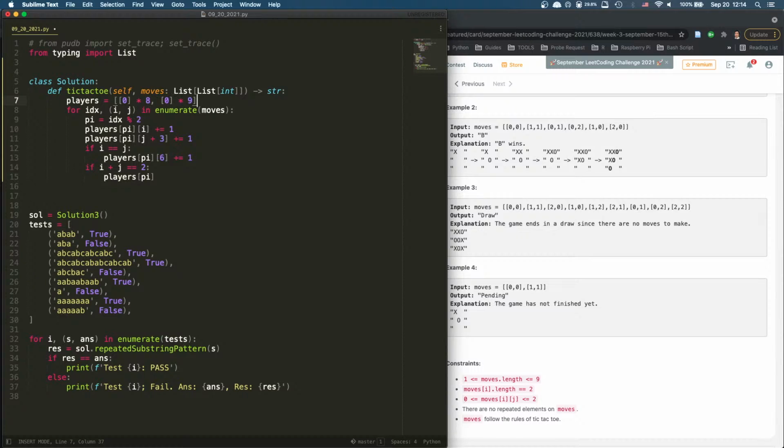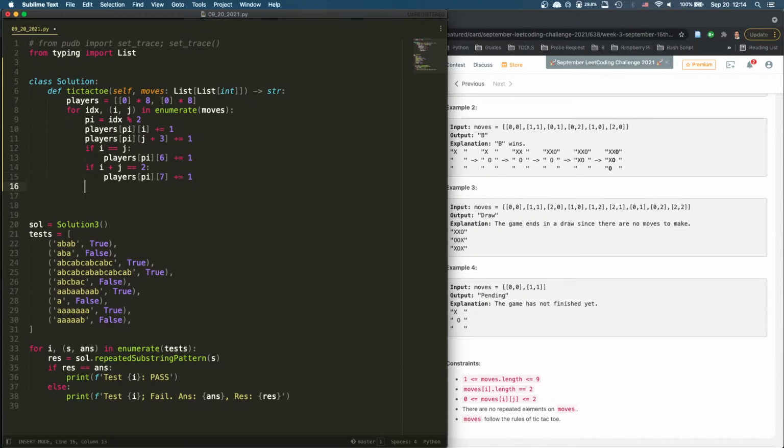We don't need 9. Right, let me just do pi 7 plus equal 1. Right, so we do all that, and then what I'm going to say is I'm going to check, right?